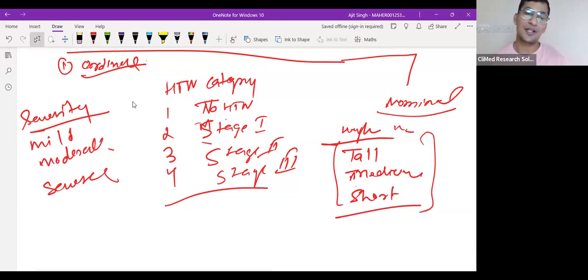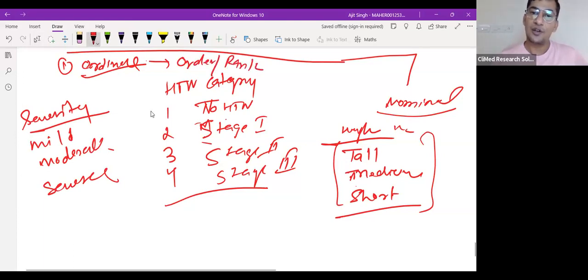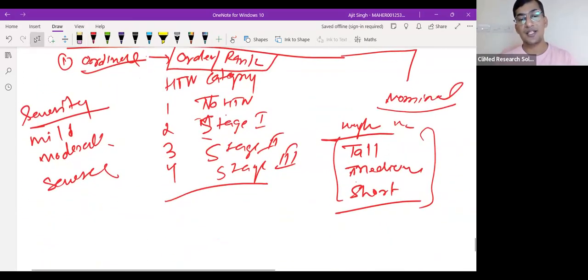When I'm talking about these things, I'm talking about the ordinal data type. There is a rank, there is an order. Ordinal means in the data there will be order or rank, and that's why this type of data is called ordinal data or ranked data.